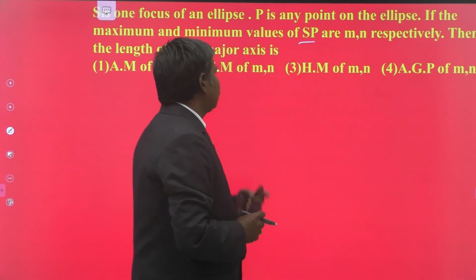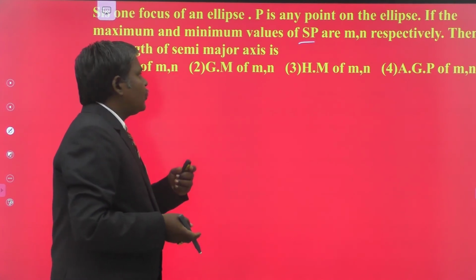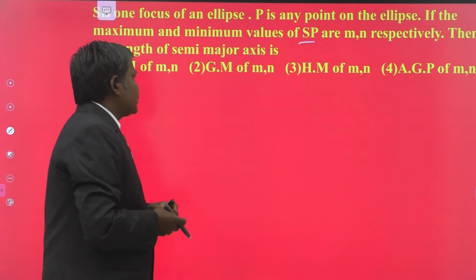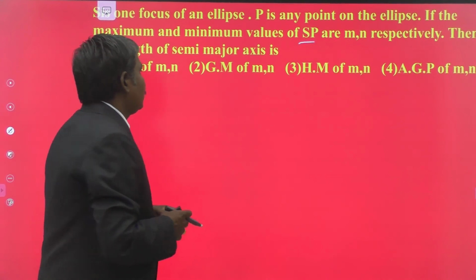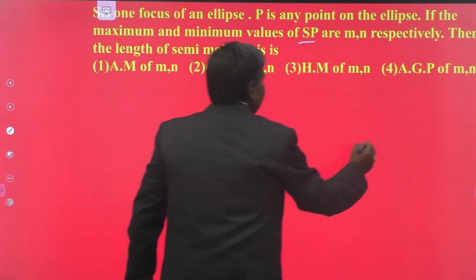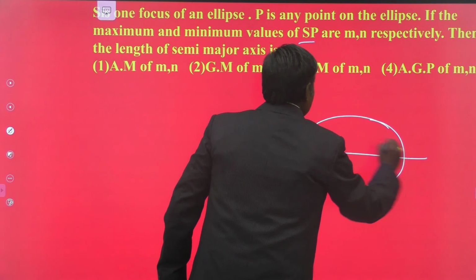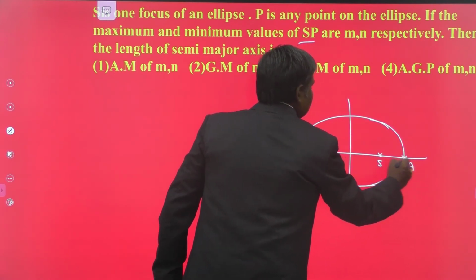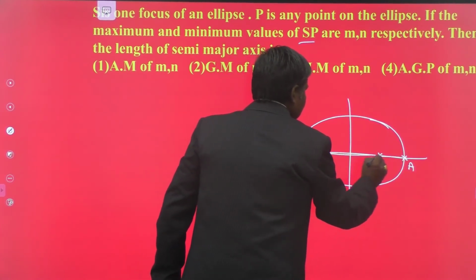This is your question. Already we discussed the focal distance of a point on the ellipse, and also the maximum focal distance and minimum focal distance. So what is the maximum focal distance of a point on the ellipse, my dears? Suppose this is your focus S. SA is the minimum focal distance, SA dash is the maximum focal distance.